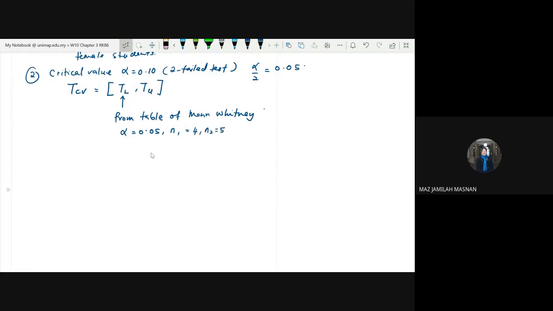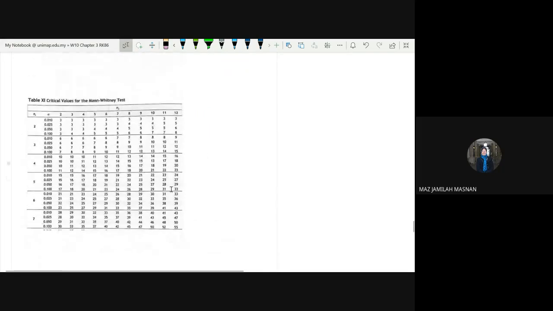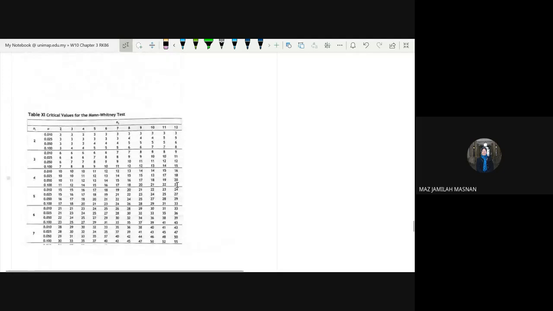So look from your Mann-Whitney test table. This will give you T lower. For alpha 0.05, N1 is equal to 4, N2 is equal to 5.